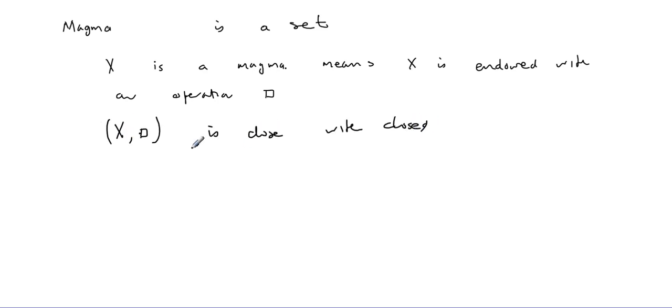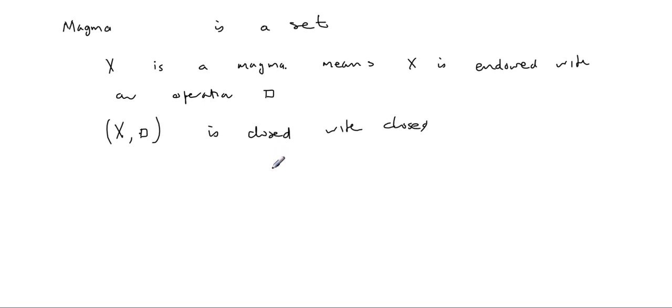Closed means that when I operate with this thing in X, everything falls back in X. I'm not asking for anything else. So a magma should always be closed, but there's nothing else we want.